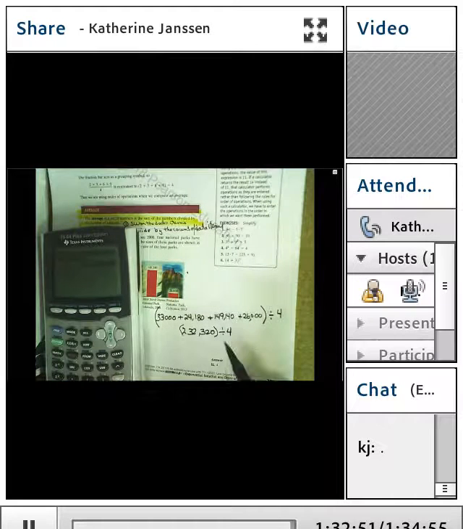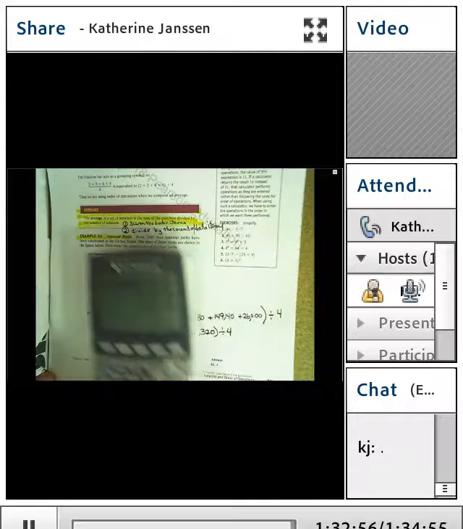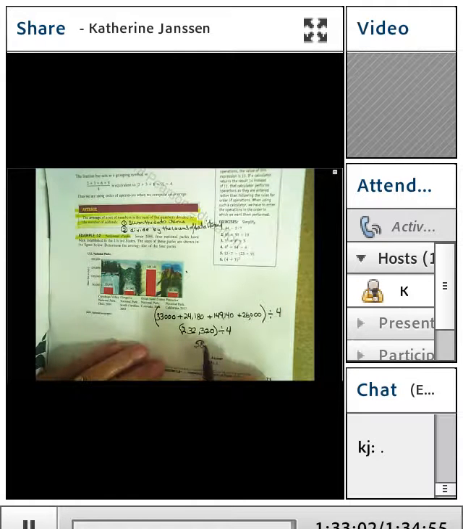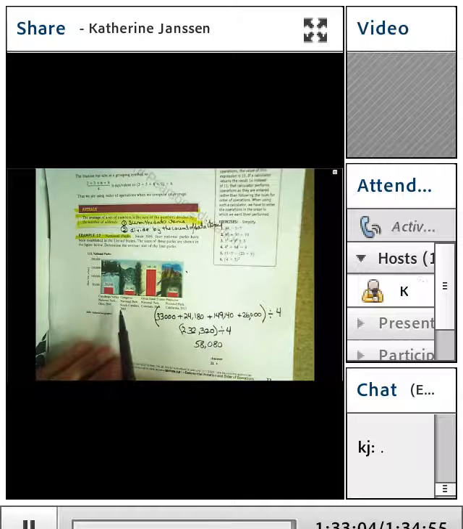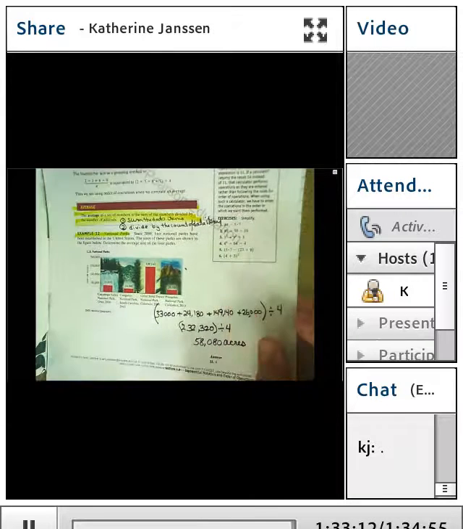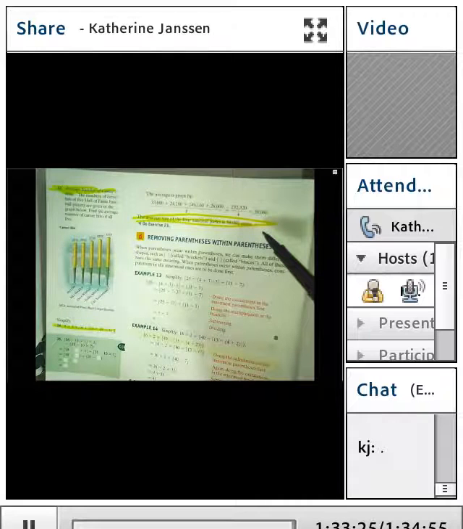So now I have to divide by the count, and I get 58,080. So the average size of the 4 parks is 58,080. Stating in full sentence form, the average size of the 4 national parks is 58,080 acres.